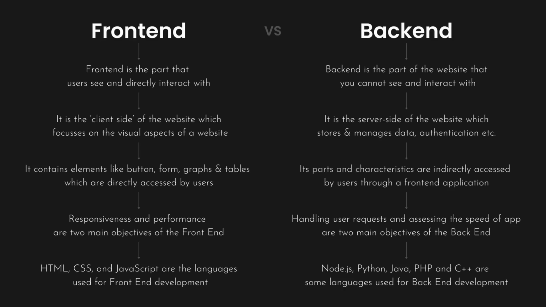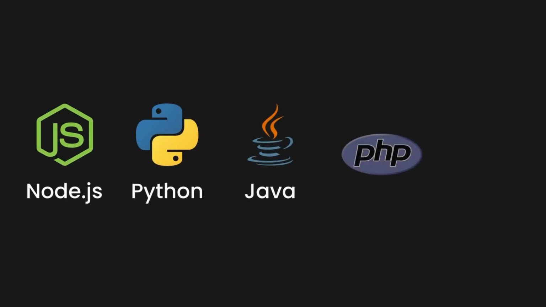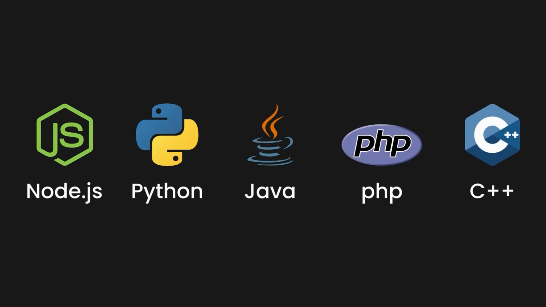In this course, I'm going to tell you HTML in detail, and my further courses will talk about CSS and JavaScript as well. Backend main languages are Node.js, Python, Java, PHP, even C++, and there are tons of languages for backend as well, but these are some main ones. We are not going to be focusing on backend right now. We are going to be focusing on front end and majorly HTML.